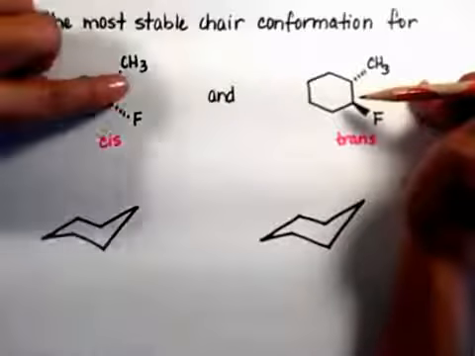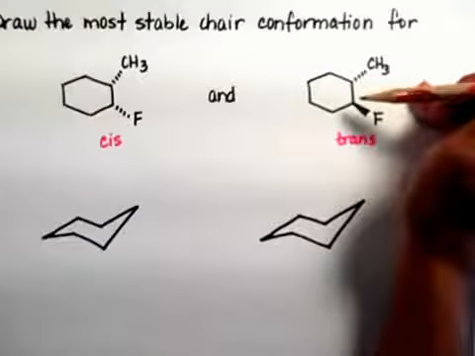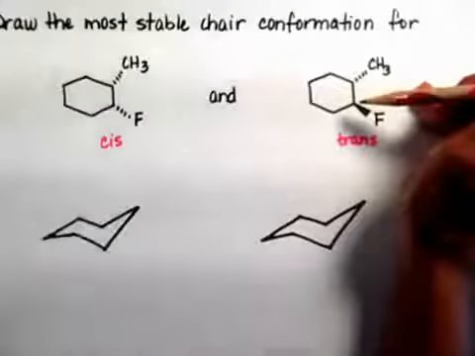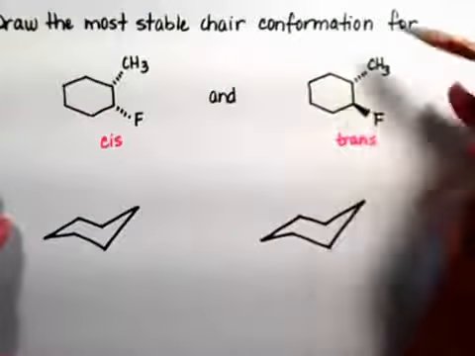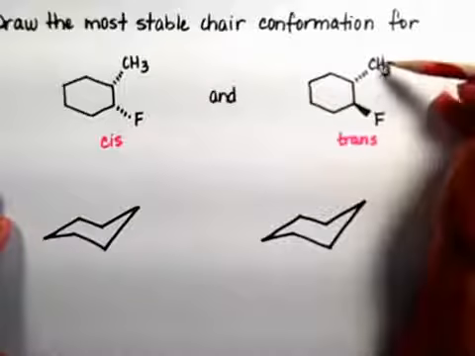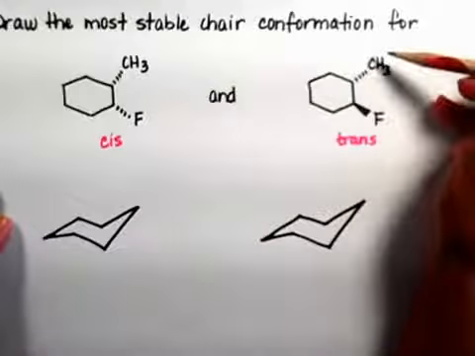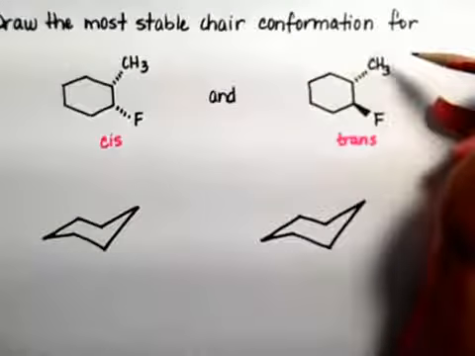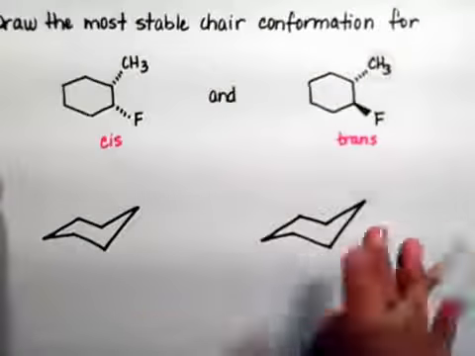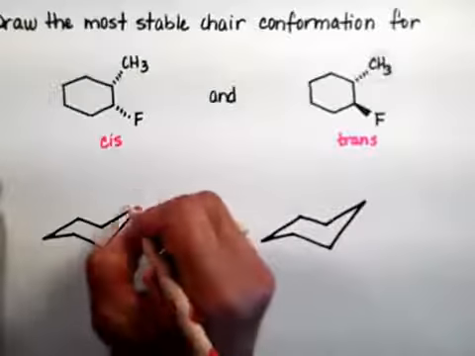But since they're both different, the bigger substituent would be much better on an equatorial position. So between fluorine and methyl, the methyl occupies more space, is a bigger group. So I am going to put the methyl on the equatorial position on both my chairs.